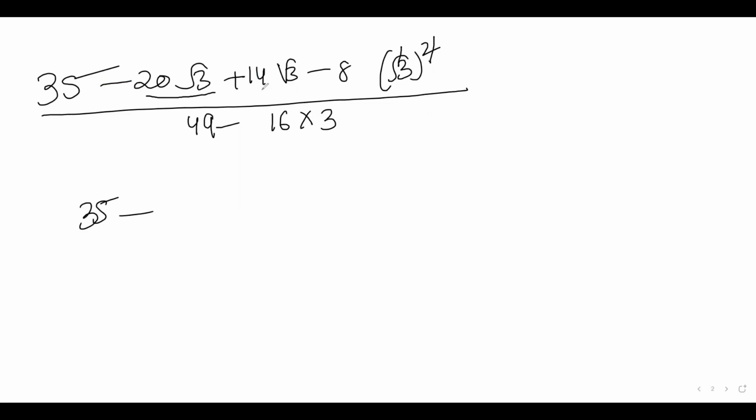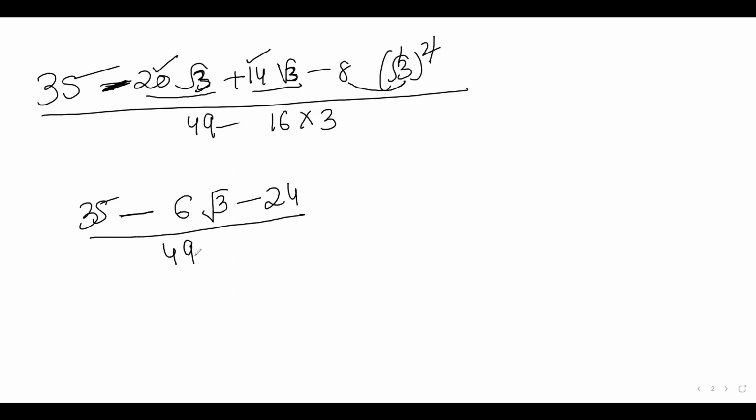These two are similar surds. Both are root 3s. You can subtract them. 20 minus 14 is 6 root 3, put bigger number sign, that is minus. 8 threes are 24 by 49 minus 16 threes are 48.